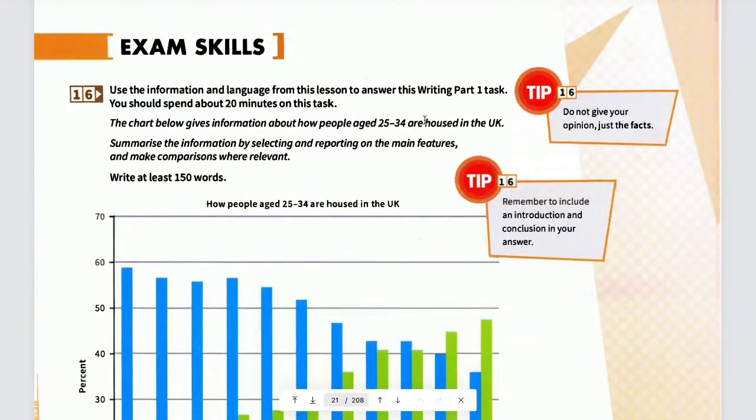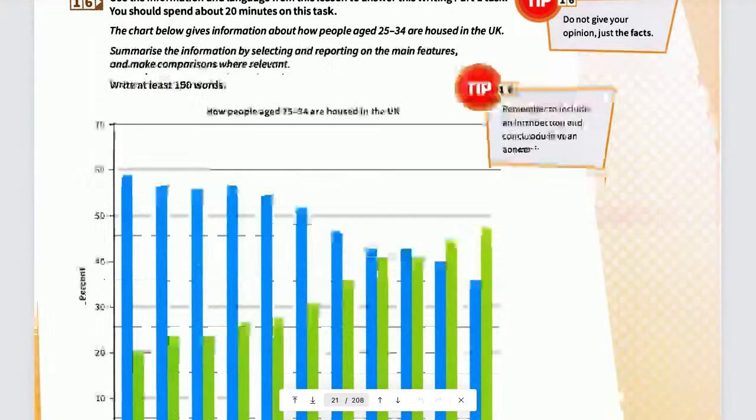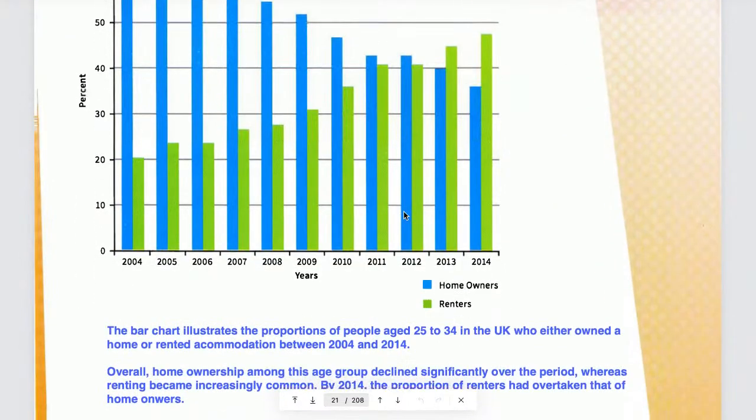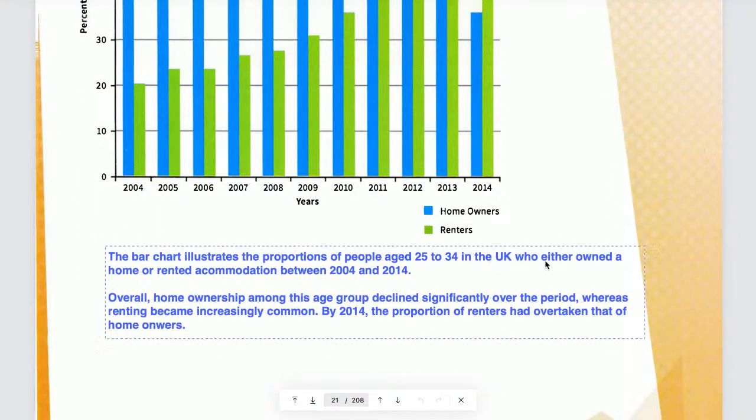And for our housed, okay, now explain to me why from the topic sentence you only see are housed, right? But in the introduction I can write who either own a home or rented accommodation.